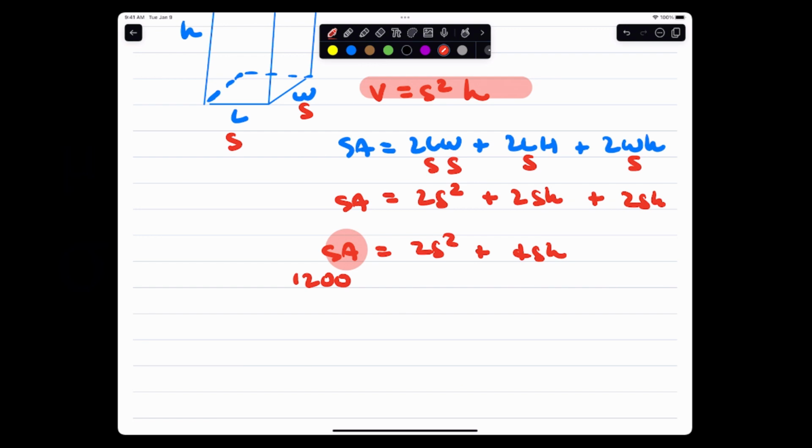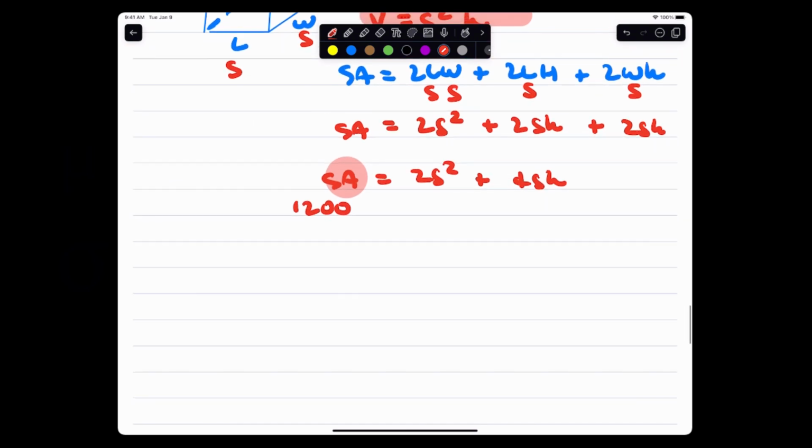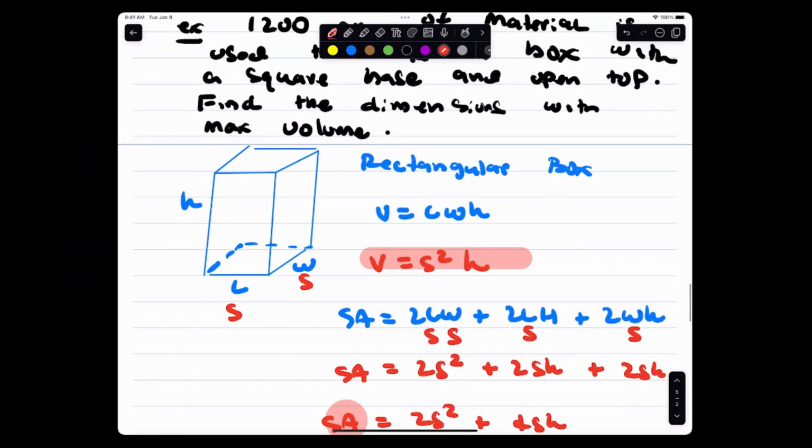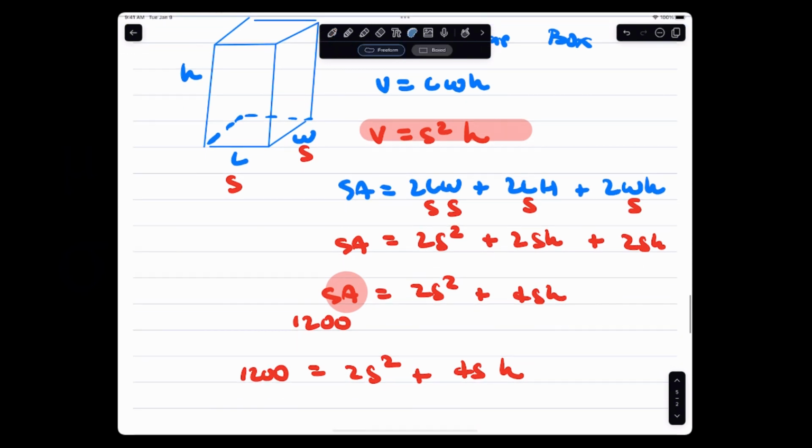1,200. So let's see what that means. 1,200 is 2S squared plus 4SH. We've got to maximize the volume, right? And so your volume is here.